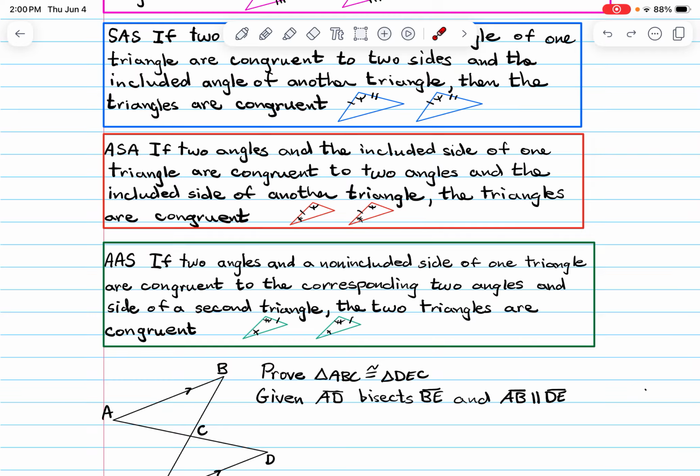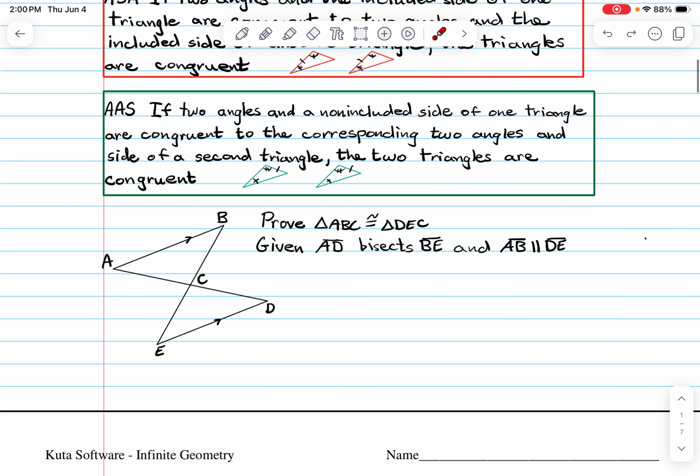Now, we're going to kind of work in some proofs. And I want to show you how this works. Let's suppose we have two triangles here. We have ABC, and then we've got DEC. And I want to prove that those are congruent. Now, I'm given a bit of information. I'm told that AD, this right here, AD, bisects BE.